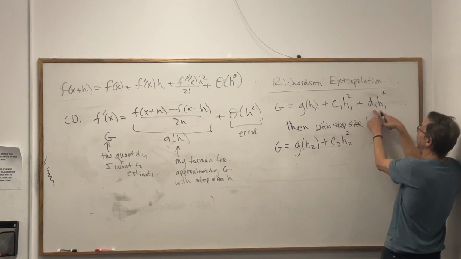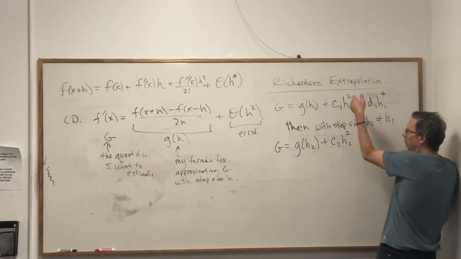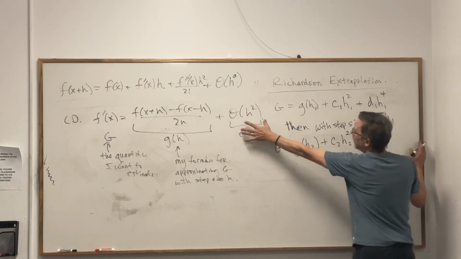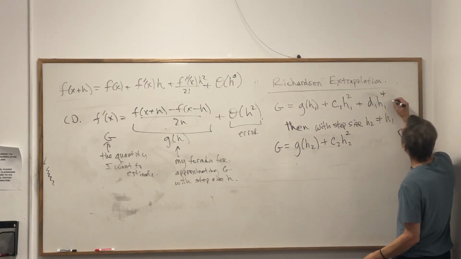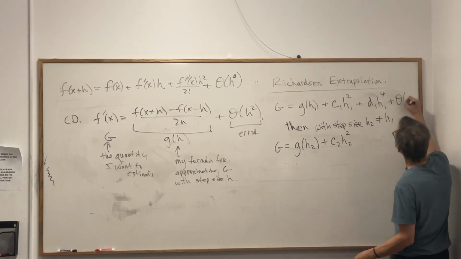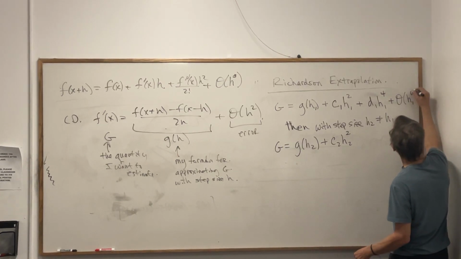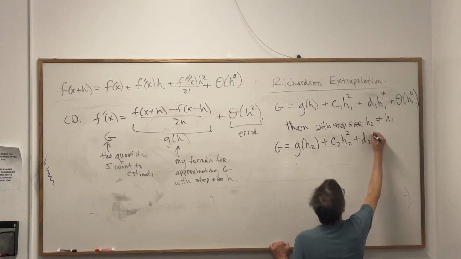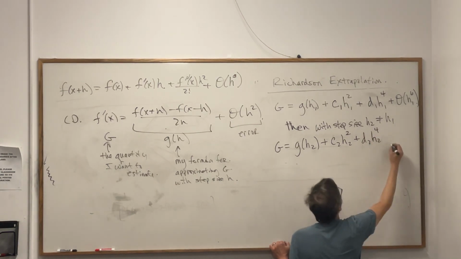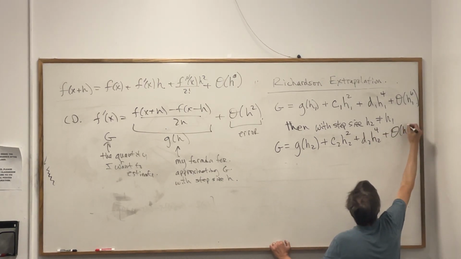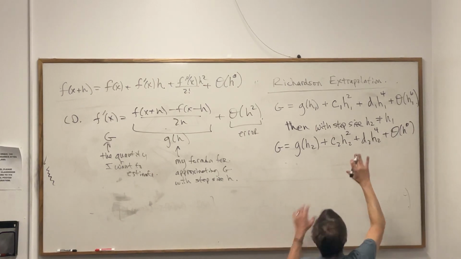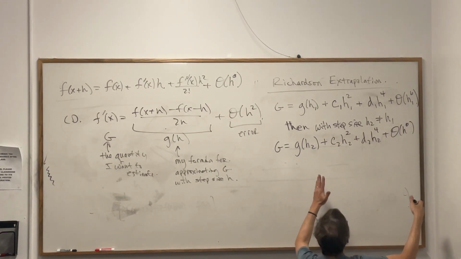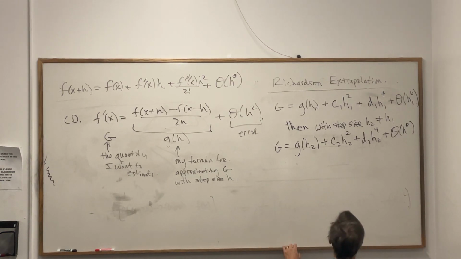Because our next one is going to be a fourth. We're only going to do this if we have these even terms in here, and you can see that this actually fits that bill. So d1 h1 to the fourth plus order h1 to the sixth. There. And then the next term here would be d2 h2 to the fourth plus order h to the sixth. So these error terms are just series of even powers of h moving up.